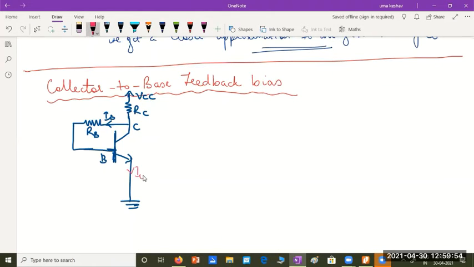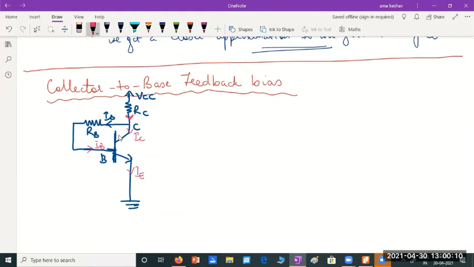As usual, the emitter current flows out. So the collector current and base current should be flowing into the transistor. Can you tell me what will be the value of current through this resistor RC now?